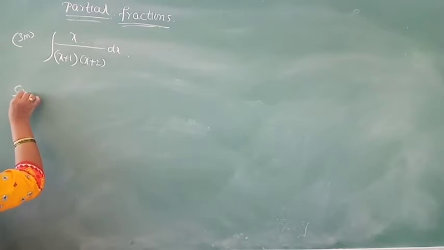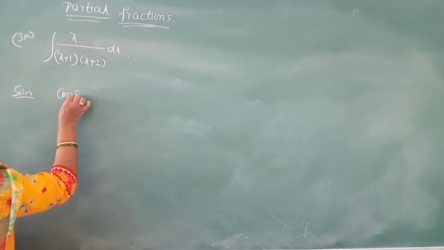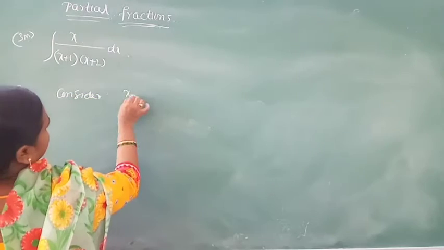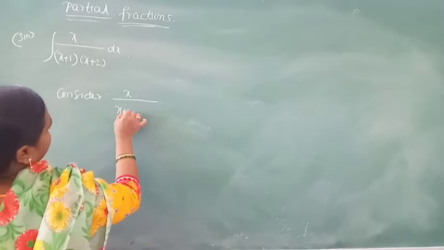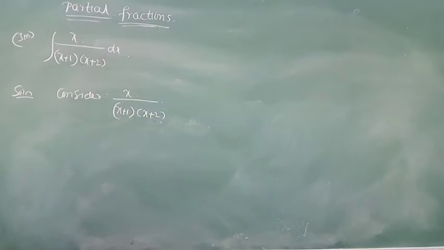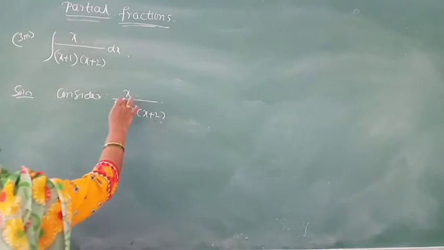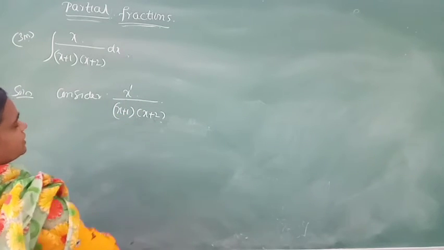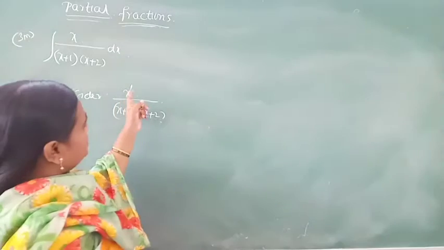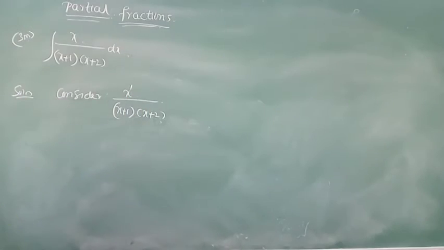Solution. Consider the given fraction x divided by (x plus 1)(x plus 2). Here the degree of the numerator is 1. Multiplying the denominator, we get degree 2. Naturally the degree of the numerator is less than the degree of the denominator.